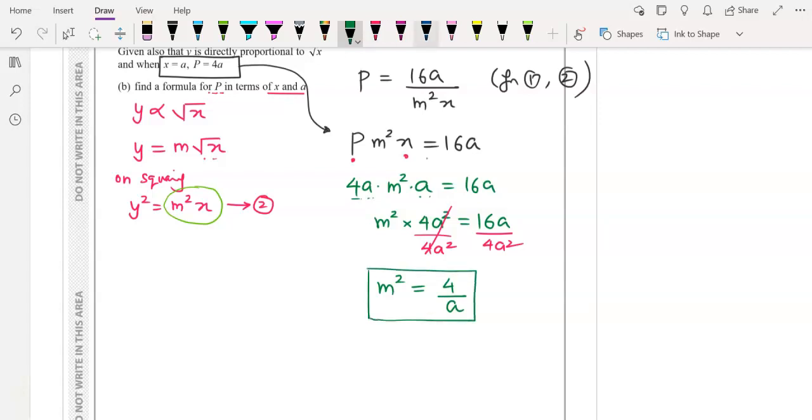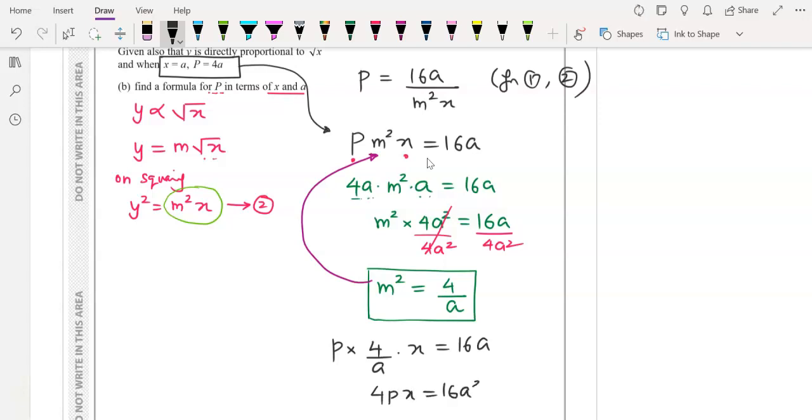I can substitute the value of m square back here. So I will get p times value of m square is 4 upon a times x equals 16a. Now multiply both sides by a. So you will get 4px equal to 16a square.